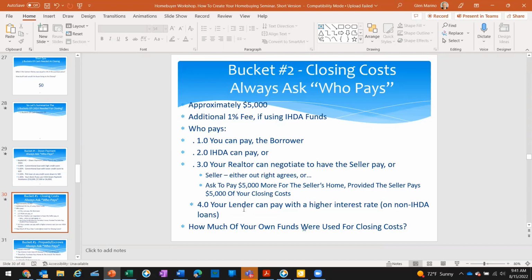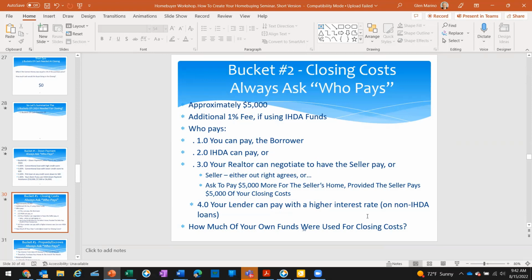Another person that can pay your closing costs is the lender. They can pay with a higher interest rate on non-IDA loans. On loans where you're not using $6,000 up to $10,000 in down payment assistance, the lender can increase the interest rate and then provide you back what's called a lender credit. So it can be any one of these combinations that can help pay for the closing costs.